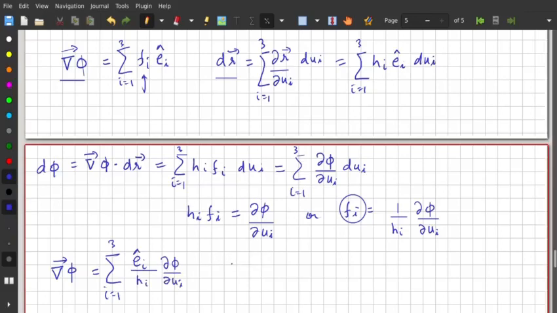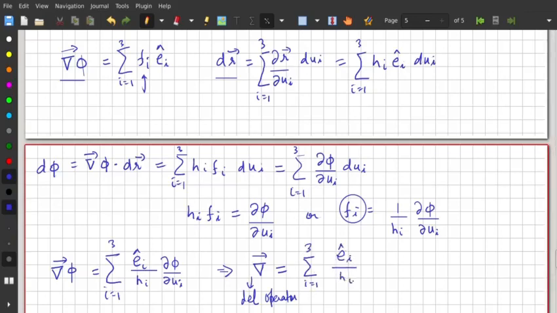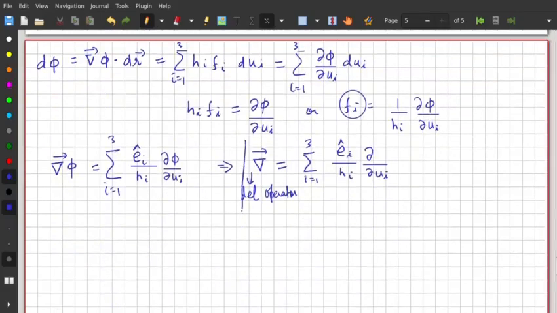And from here, we can write a generic version of the gradient operator using the scale factor and the contravariant basis. So this is the del operator. The del operator could be written in a generic way, which is the sum from 1 to 3 of ei cap by hi partial partial ui. Okay, that's the generic definition of the del operator using the scale factors and ei cap.